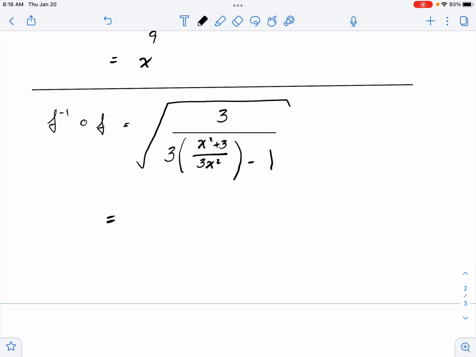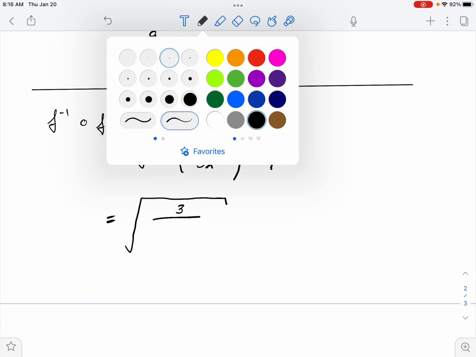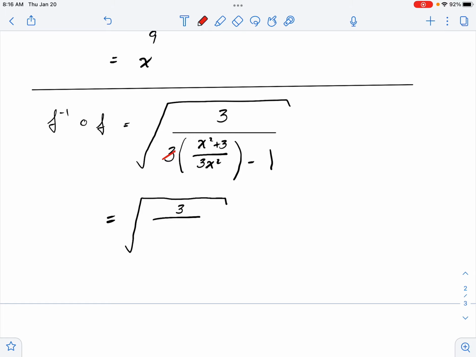Again, when we compose these two functions, we should get simply x. So I have the square root of 3 all over. I notice that my 3 here will cancel with this 3 here, above and below. And so I have (x squared plus 3) over x squared, minus 1. Again, I have options here.